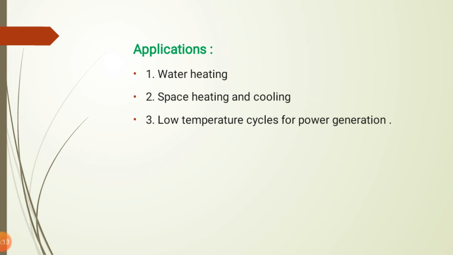That means the liquid flat plate collector is also used for power generation. There are different arrangements or systems in which it is used for the generation of power. These are the applications of the liquid flat plate collector.